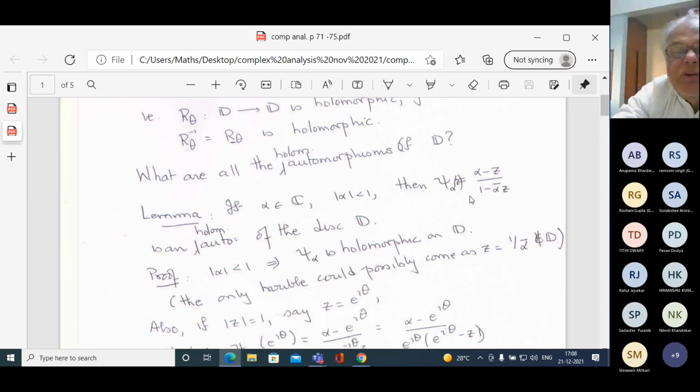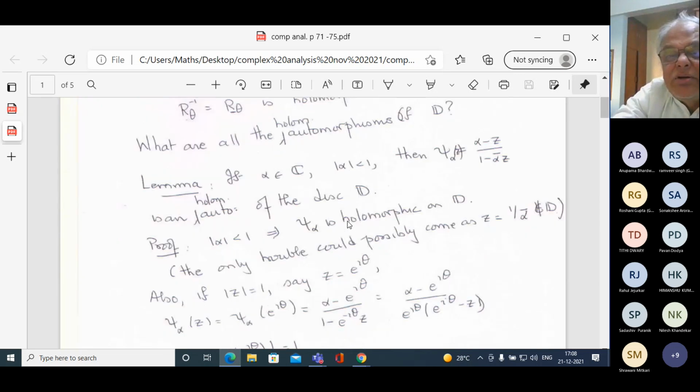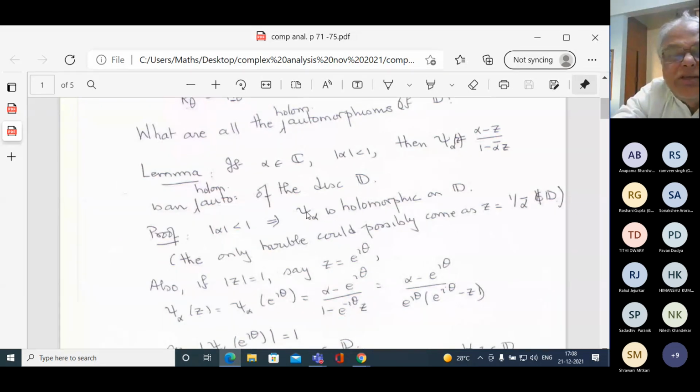So this is a particular case of the Mobius transformations, and I had talked about this right in the beginning, I think in one of the problem sessions or one of the exercises. So I'm basically doing that exercise now. Mod alpha is less than 1. The only place where you have problems with holomorphicity of this psi alpha is when 1 minus alpha bar z is equal to 0.